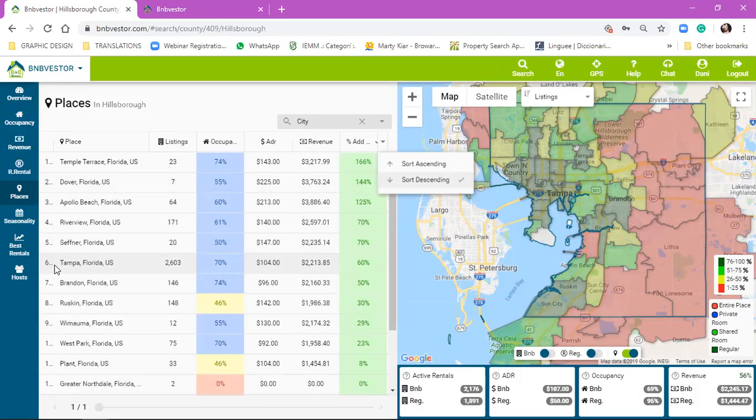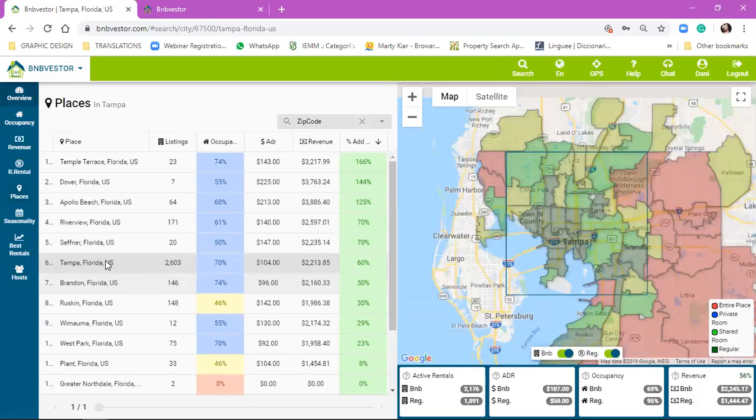But we can see down on 6 that Tampa is the highest with listings that we have in this section. 70% occupancy, 104 average daily rate with a revenue of 2,213 and 60% of additional revenue. So this is pretty interesting, okay?